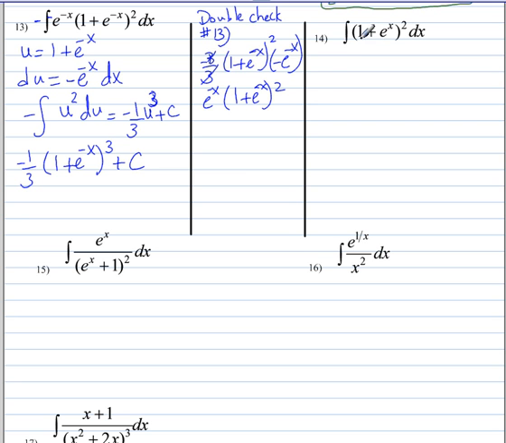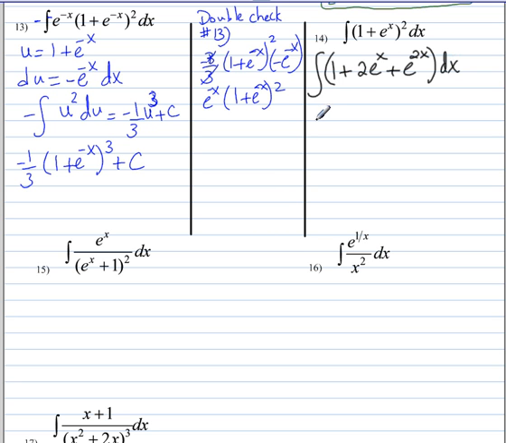We're going to multiply this out, distribute it. We're going to square this. So this becomes 1 squared, which is 1, plus 2e to the x, plus e to the x squared, which is e to the 2x.